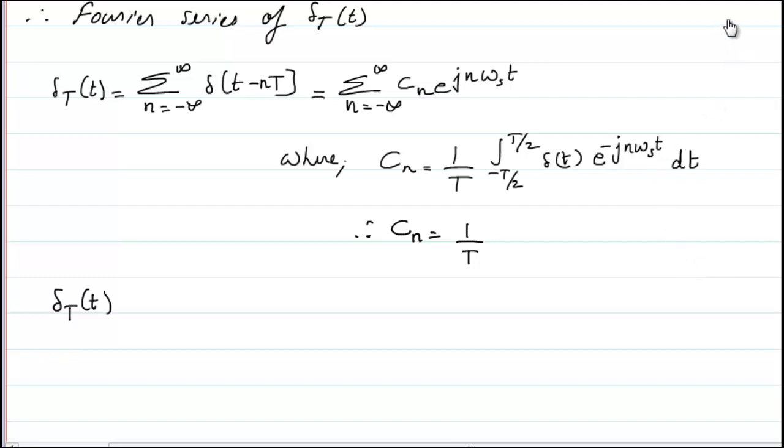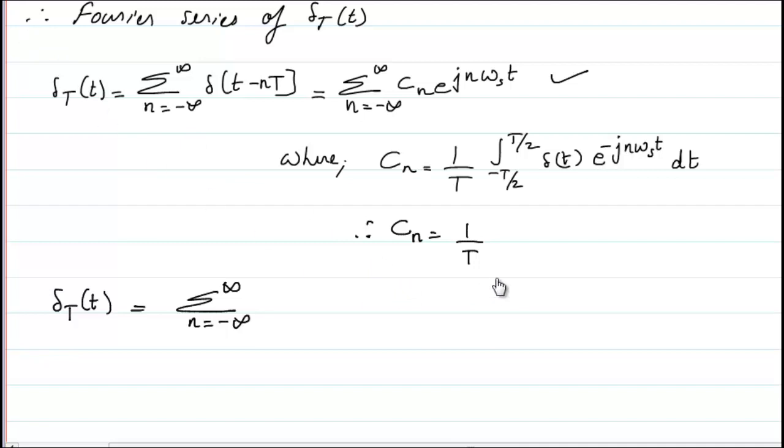Therefore I can represent delta_T(t), based on this equation, as the summation n equal to minus infinity to infinity multiplied with 1 by T. So 1 by T is common.